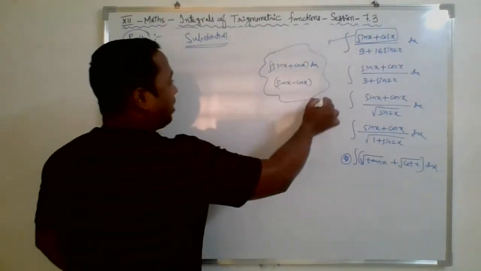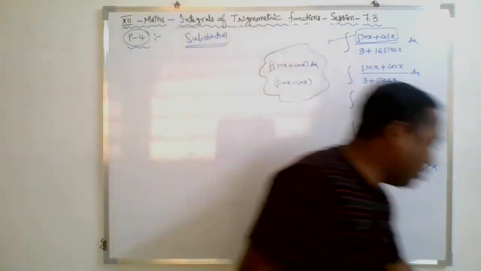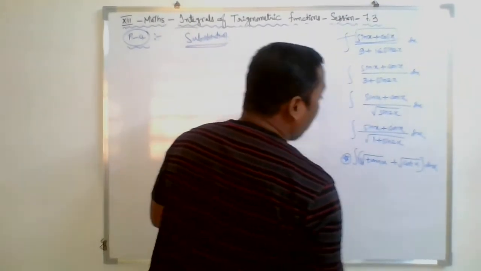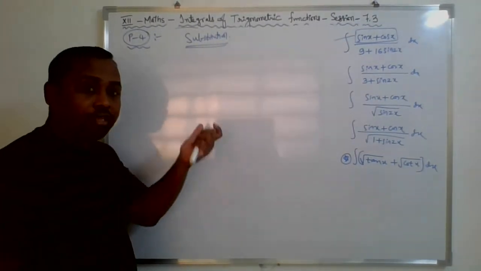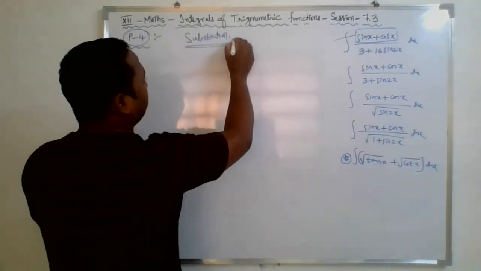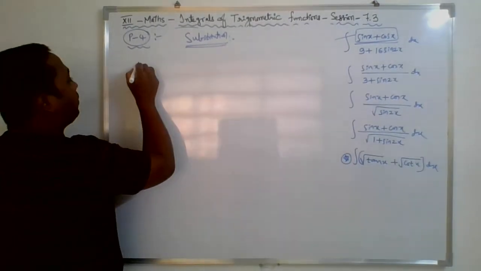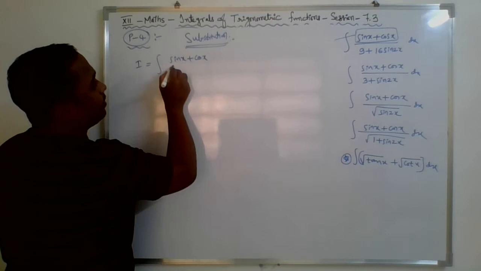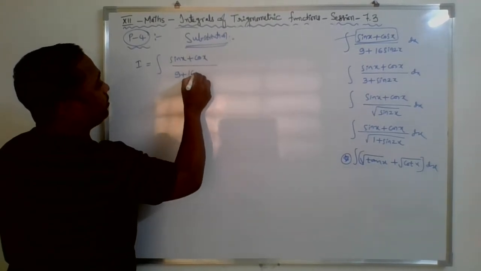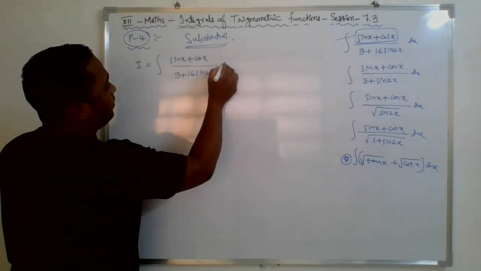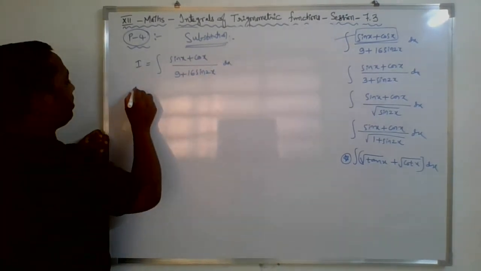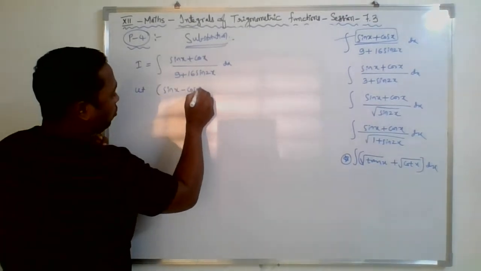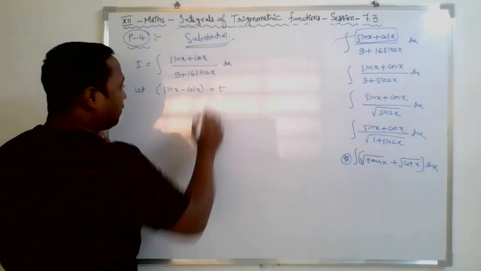So friends, here I am taking sin x minus cos x equal to t. For this type of question, we'll start like that directly. It doesn't appear in the question directly, but when you take this, you will see the change in the question. Taking the first question, sin x plus cos x by 9 plus 16 sin 2x dx, let sin x minus cos x equal t.